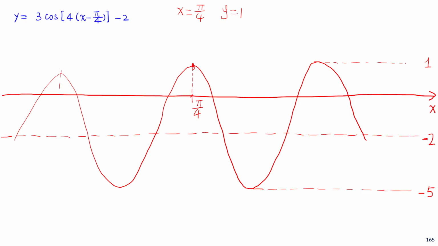So for example, you can find this point here because we know the distance between this point and the peak is a period, right? And we also know the period of this function is a half pi, right? So the distance between these adjacent two peaks is a half pi. Therefore, we can easily find the x coordinate of this point, which is a quarter pi minus a half pi, which is negative a quarter pi, right?